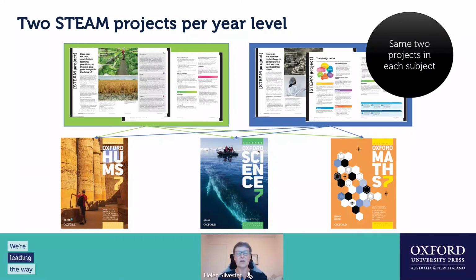So what we tried to do was to have both one problem-based and one project-based in each of the textbooks. And remember, the same STEAM projects are in the humanities book, the science book, and the maths book. So that means that all teachers have the potential to have access to these particular STEAM projects.